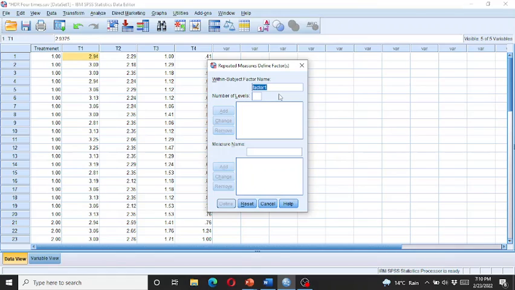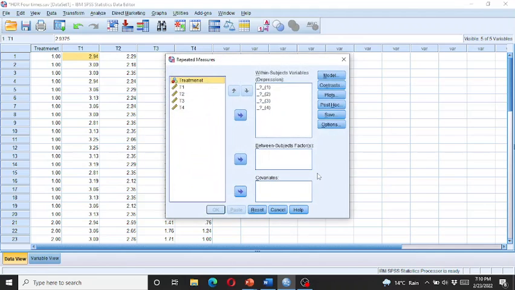So actually we are measuring the depression. So I write here depression. And then how many times was the data collected? We have collected the data 4 times. So I write 4 here and I enter this, and then I click on the define.